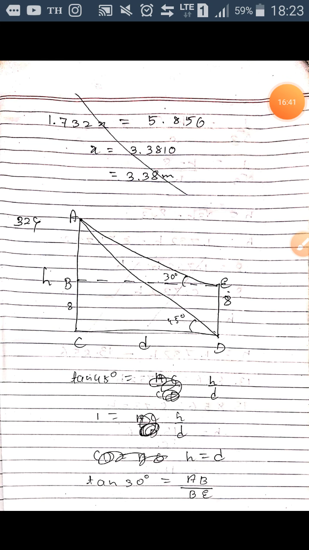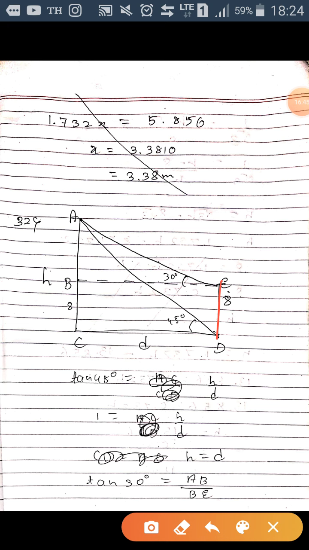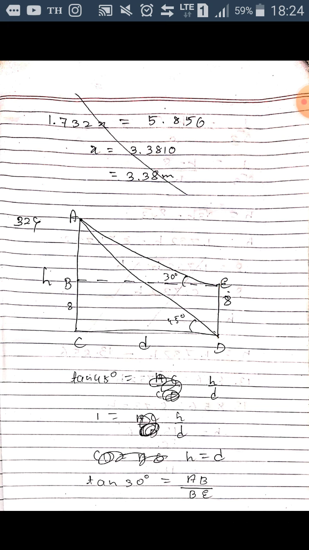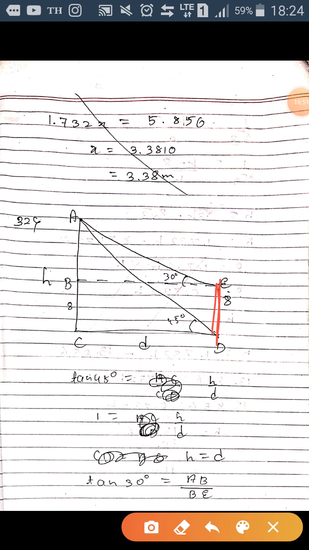So now coming to the diagram, we have a small building and we have a big building. The small building is 8-meter high. The top of the small building makes an angle of 30 degree with the top of the big building, and the bottom of the small building makes an angle of 45 degree with the top of the big building.